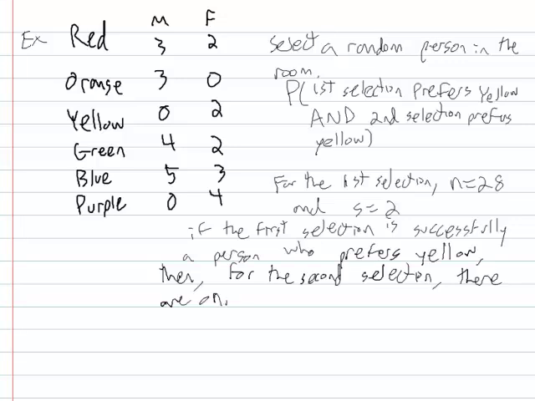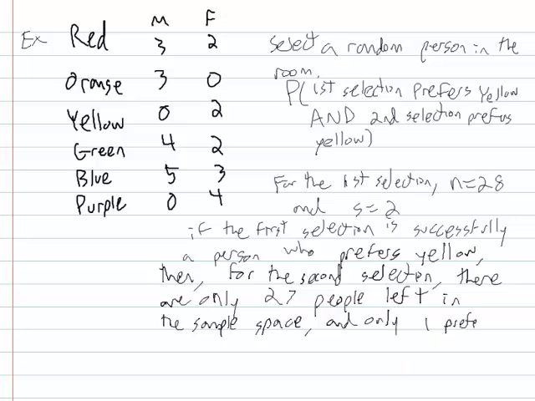There are only 27 people left in the sample space, and only one of them prefers yellow. Now technically, this question is a little ambiguous, and that's intentional.